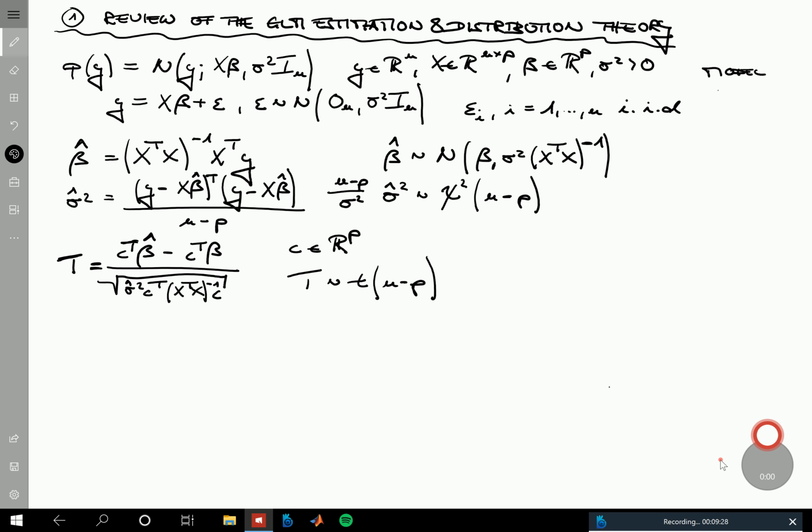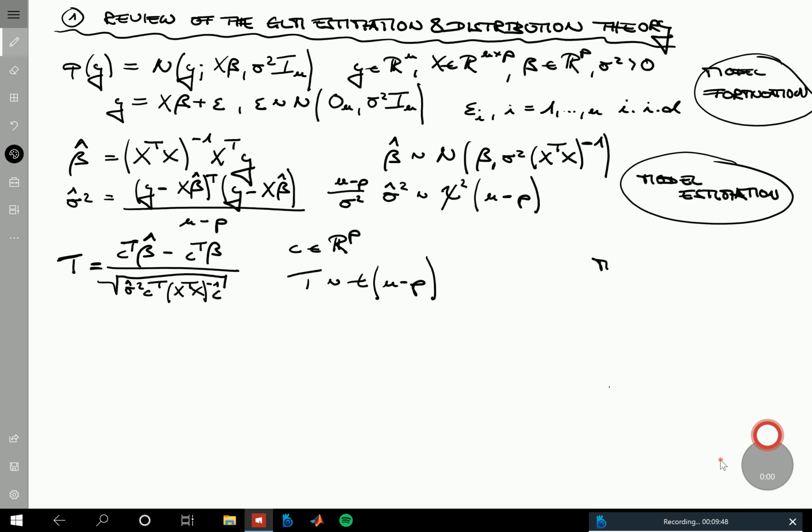So just as a side note, this is model formulation here. This is model estimation. And then of course with the t-statistic we can do model slash parameter evaluation. It's more parameter evaluation, but it's in the evaluation stage.